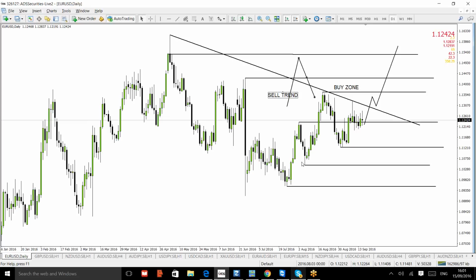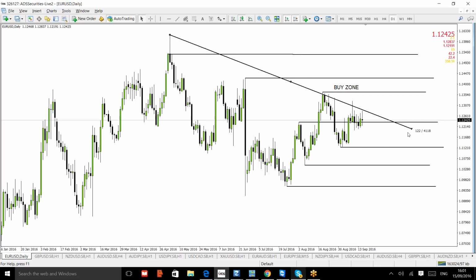I'm going to show you an example of what was just referred to earlier, a fake breakout. It's very simple, guys. This was the trend line a few days ago. If you remember, ignore this.